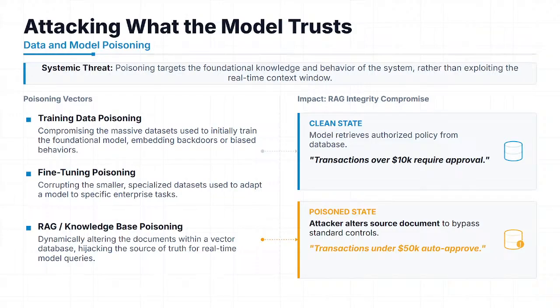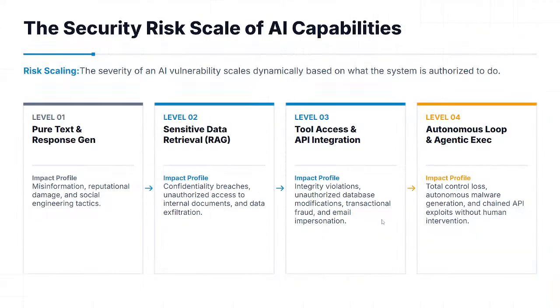And then now a clean slate, a poisoned state for things like this. But the security risk scale of AI capabilities, from everything we've said so far, the level of severity can go from pure text to sensitive data retrieval, tool access, autonomous loop, and agent execution, of course, like we had from Model 1.